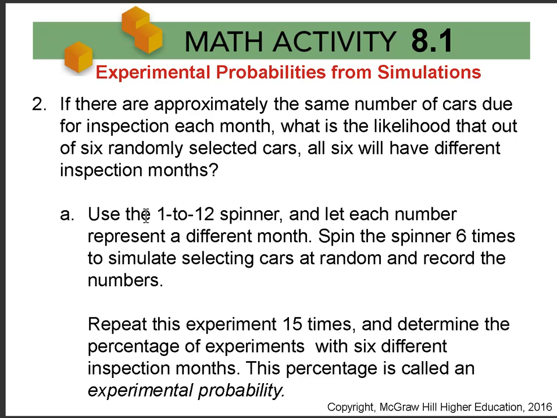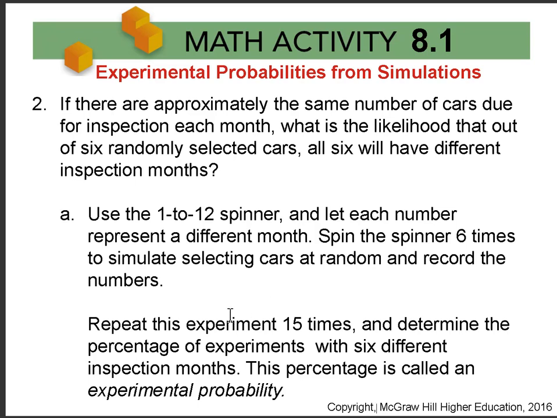So use a 1 to 12 spinner, and that's a direct correlation: January 1, February 2, March 3, etc. And spin the spinner 6 times. This will simulate selecting cars at random and record the numbers. So you should have a list like 2, 3, 4, 11, this sort of list, 6 numbers for each time.